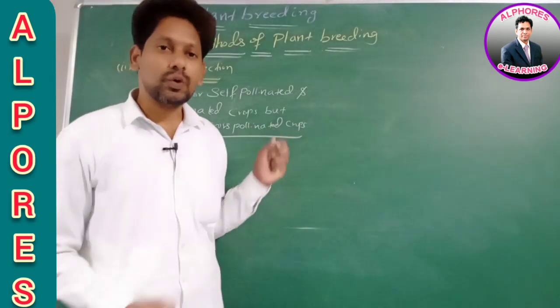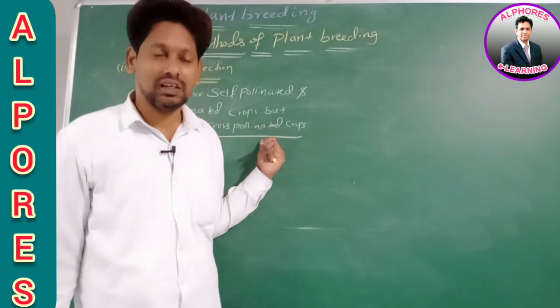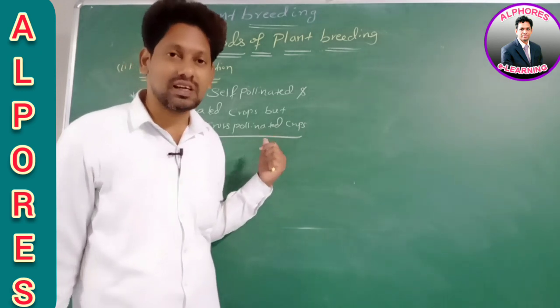To produce a new variety by mass selection, it takes about 8 years of time.